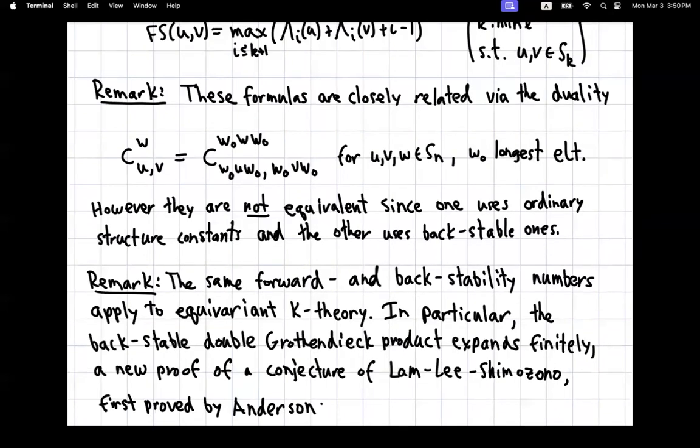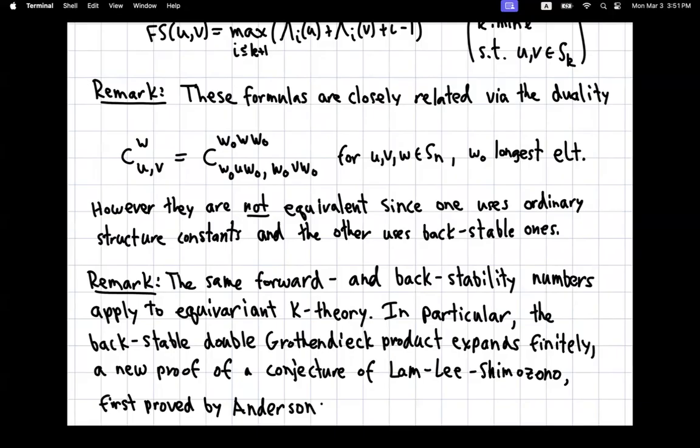And so one consequence of this is a new proof of a conjecture of Lam, Lee, and Shimozono that was originally proved by Anderson by very different methods, which is that the product of back stable double Grothendieck polynomials expands finitely as a sum of back stable double Grothendieck polynomials.